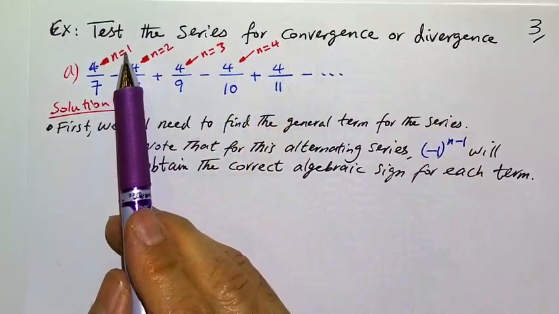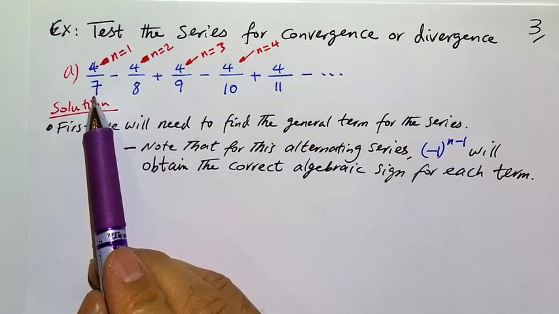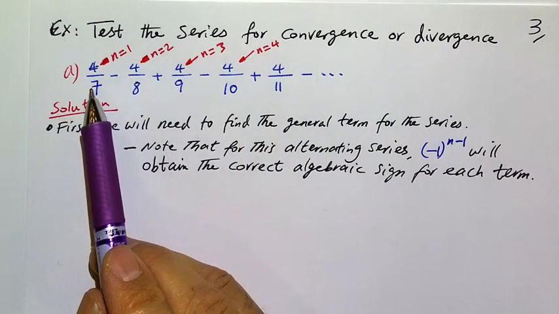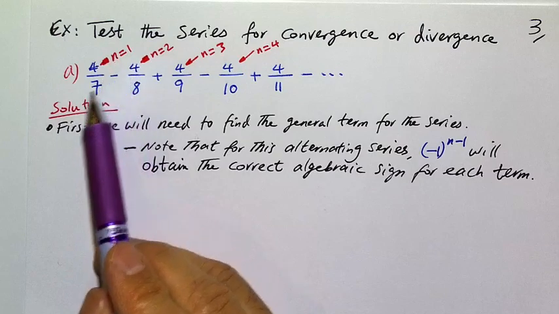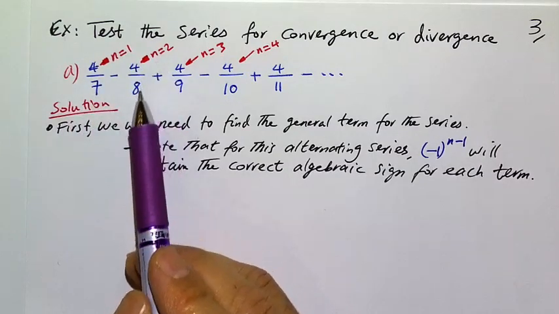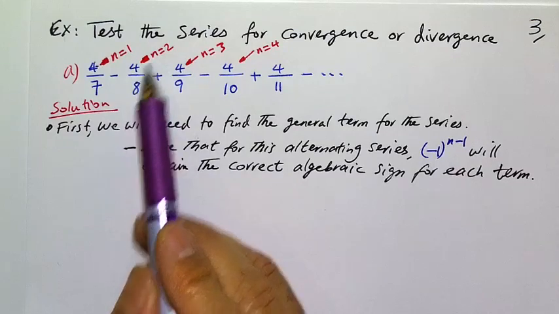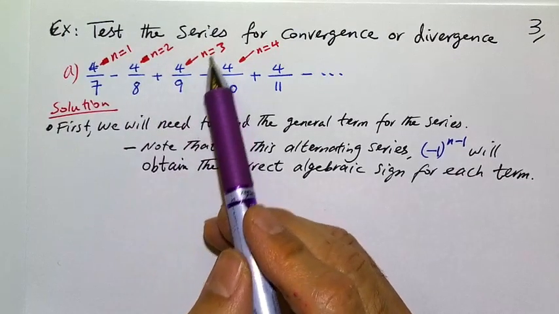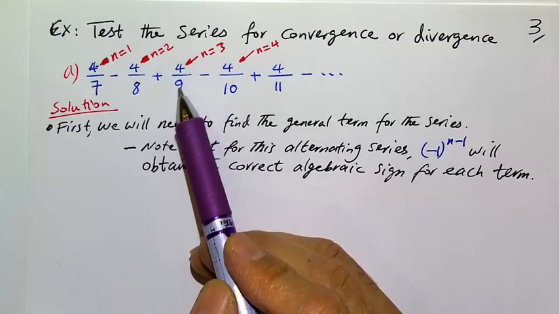Now, when n equals 1, the denominator is 7. That's 6 more than the position for this term, 6 plus 1. When n equals 2, the denominator is 8, so 6 plus 2. When n equals 3, the denominator is 9, so 6 plus 3.